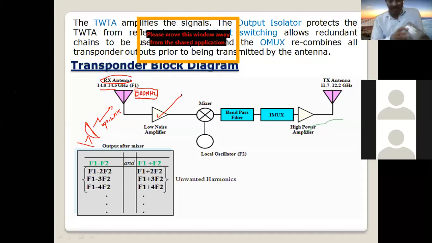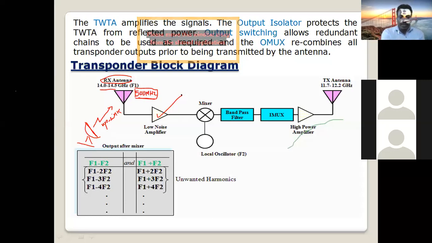So what does it mean? Low noise amplifier. It means what? It takes a weak signal, a very weak signal from the Earth station. The antenna receives a very weak signal. Why? Because it's a very far distance between the satellite and the Earth station.